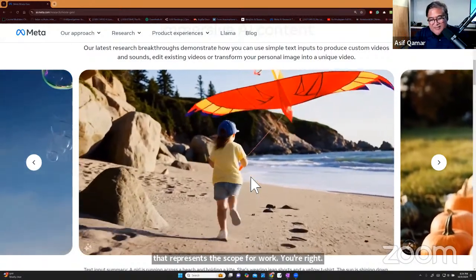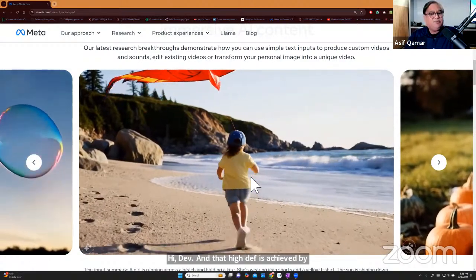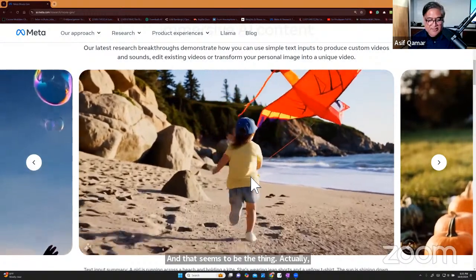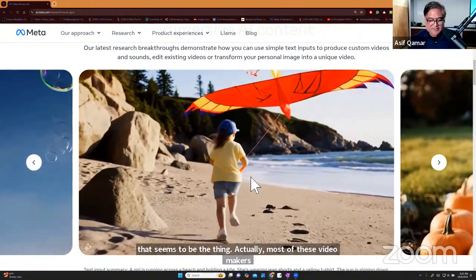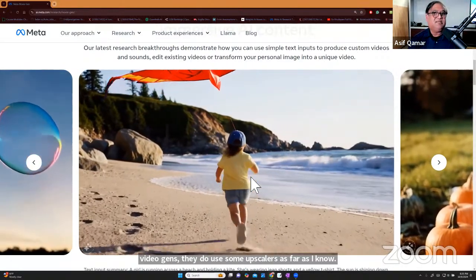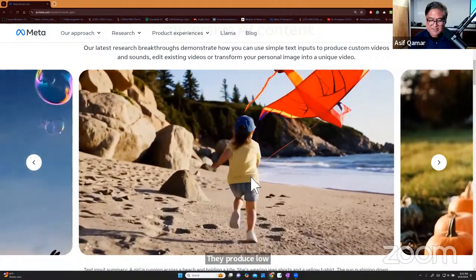It's high def, and that high def is achieved by upscaling. Actually, most of these video generators do use some upscalers, as far as I know. They produce low resolution videos and then they upscale them. That seems to be the state of the art at the moment.